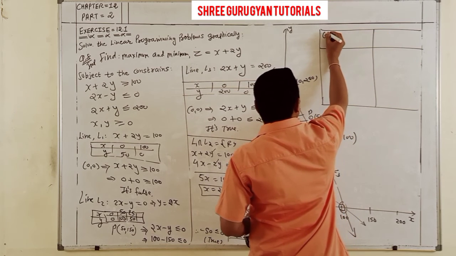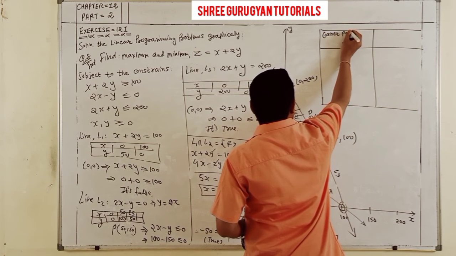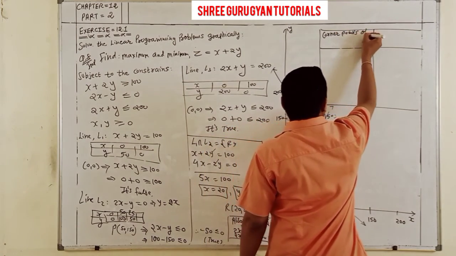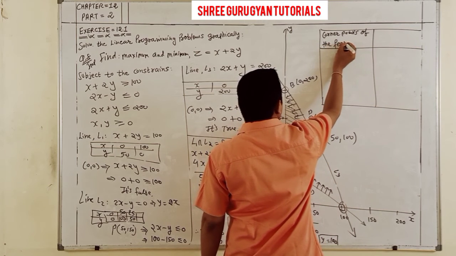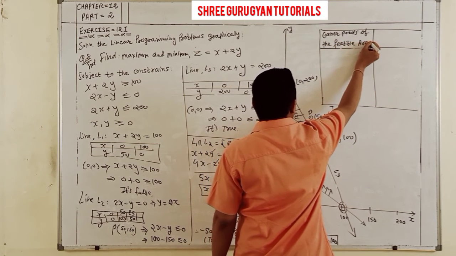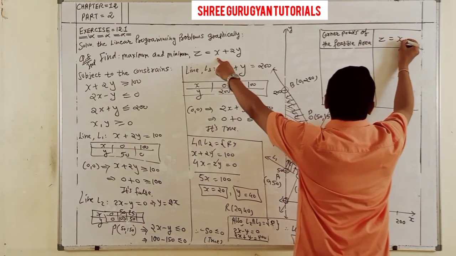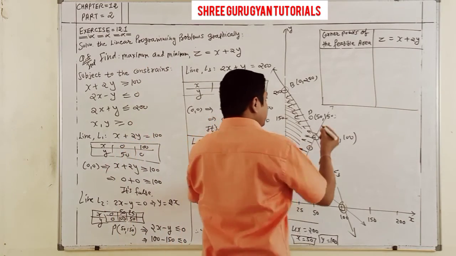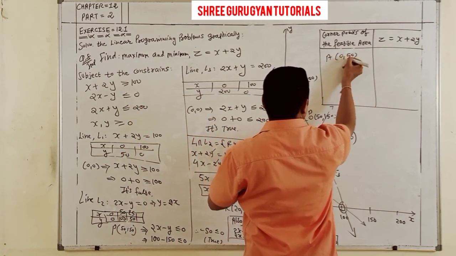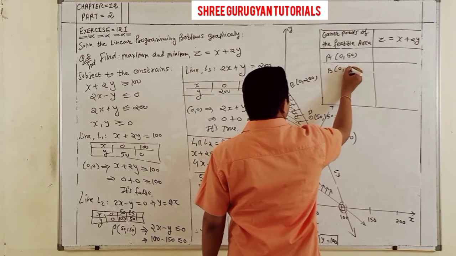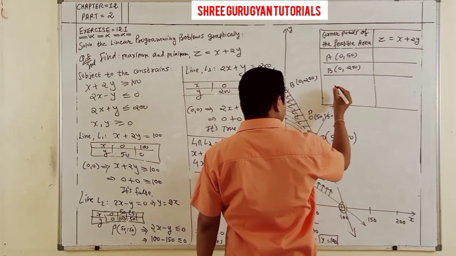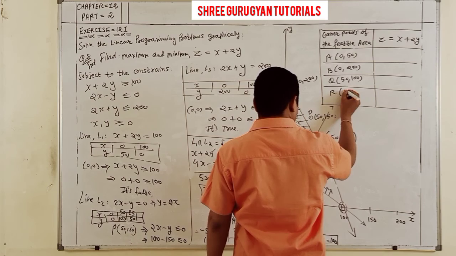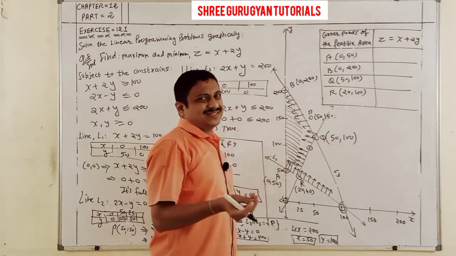So the corner points of the feasible region, and Z is x plus 2y, and the answer obtained at maximum and minimum. So this corner point applies at A 0 50, B 0 to 100. Now Q 50 100 and R 20 40, and very easy, just put in the values.